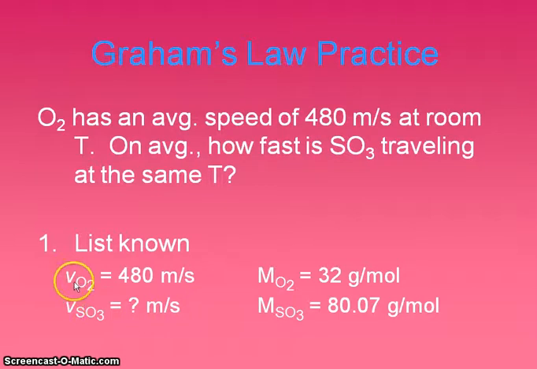So we have the speed of our oxygen, which is 480 meters per second. We're trying to find out what the speed is of our SO3, so that will be in meters per second as well. And then we can also look up on the periodic table the molar mass of O2, which is 32 grams per mole, and the molar mass of SO3, which is 80.07 grams per mole.